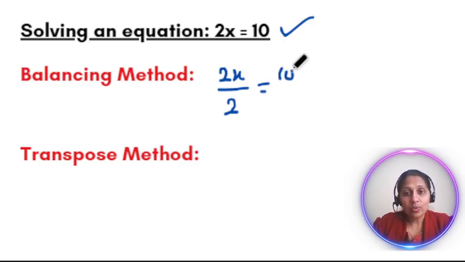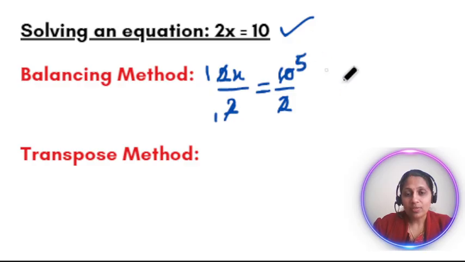So I will do it on the right hand side also in order to balance it all the time. Balance means make them equal all the time. So since both the sides are divided, again the equation is equal. Both are balanced. Okay. So divided by 2, both will get cancelled, so 1 and 1. Here 10 divided by 2 will give you 5.